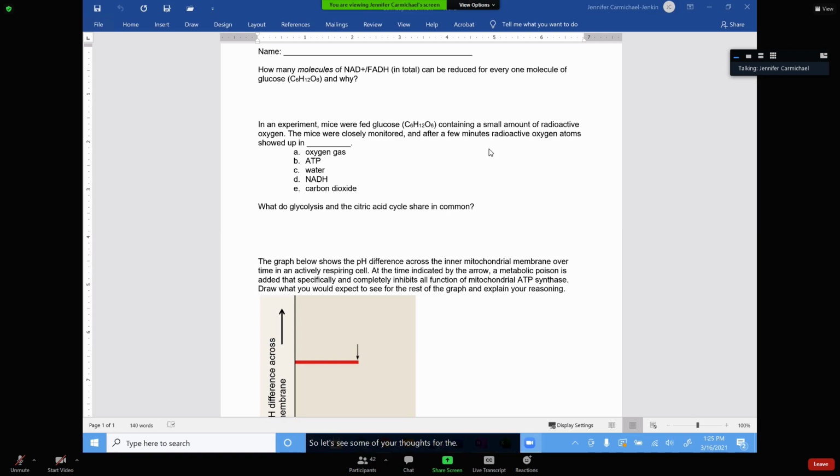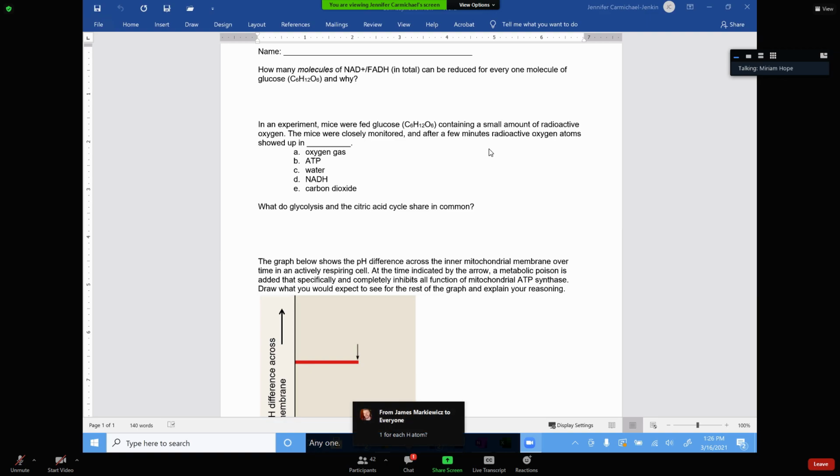So let's see some of your thoughts for the answer to the first one. Whether you just want to say it out loud or put it in the chat. For every molecule of glucose, how many molecules in total of electron carriers can we make? Any thoughts?